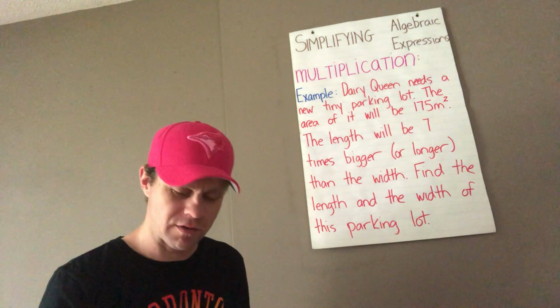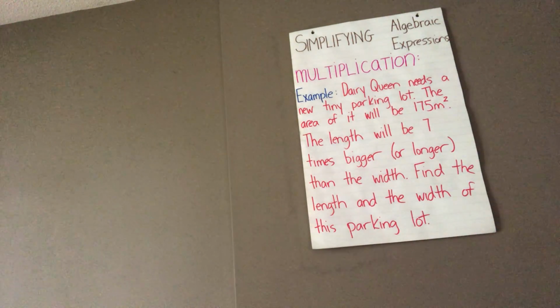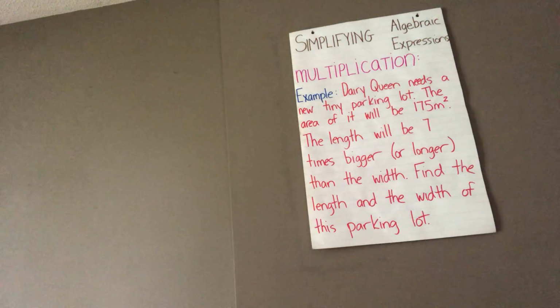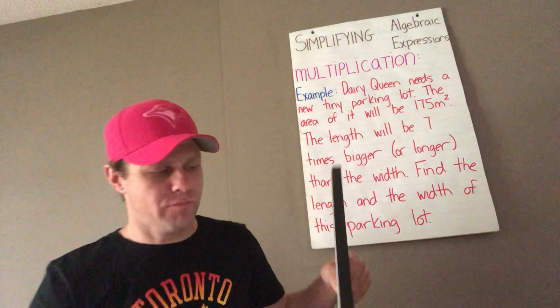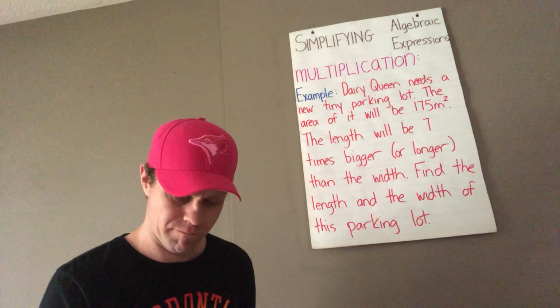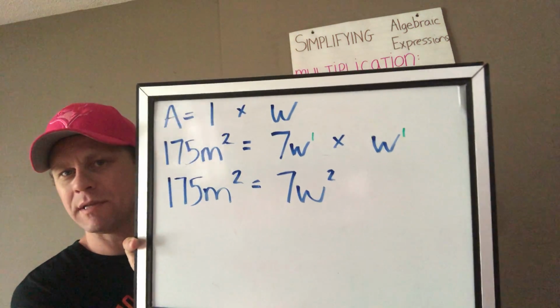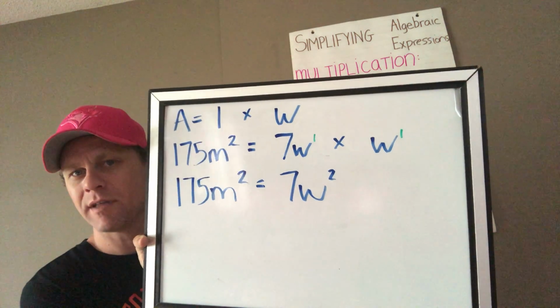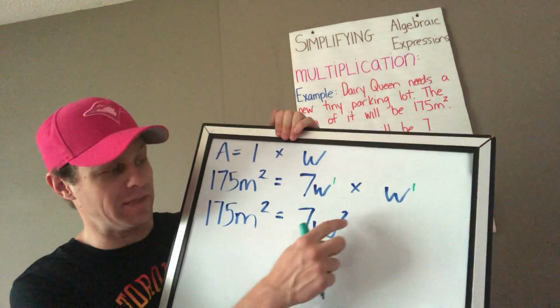I'll actually, you know what? I'm going to draw a 1 there for you. So it technically means this, 7W1 times W1. So we add the two ones together, and that's how we got this 2.